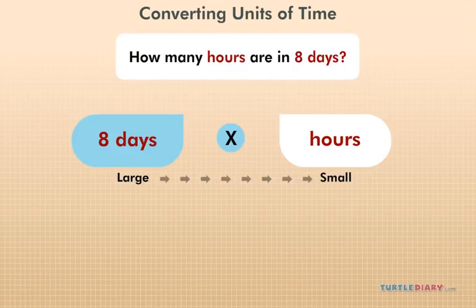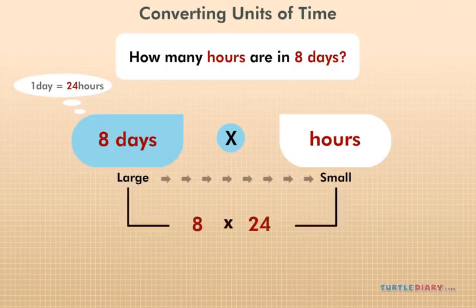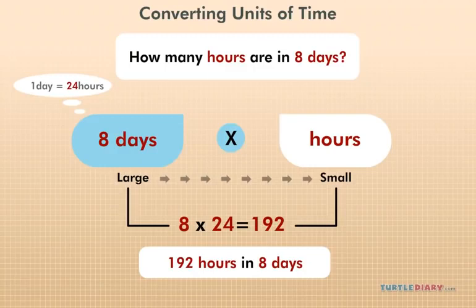To determine this, think how many hours are in a day. There are 24 hours in a day, so we will multiply 8 by 24. 8 times 24 equals 192. There are 192 hours in 8 days.